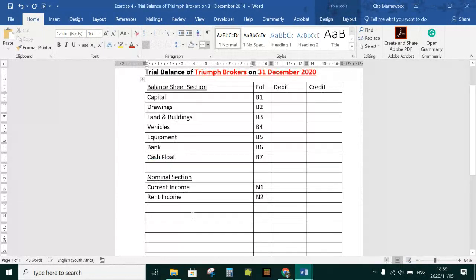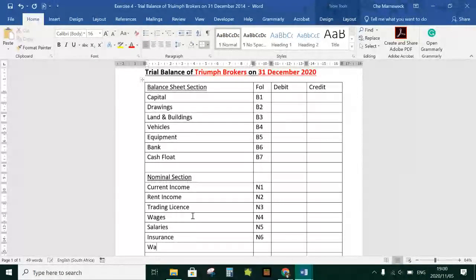So after rent income, we've got trading license in 3. Then we have wages in 4. Salaries in 5. Then we've got insurance in 6.